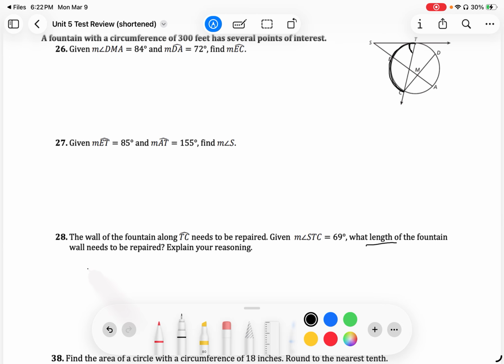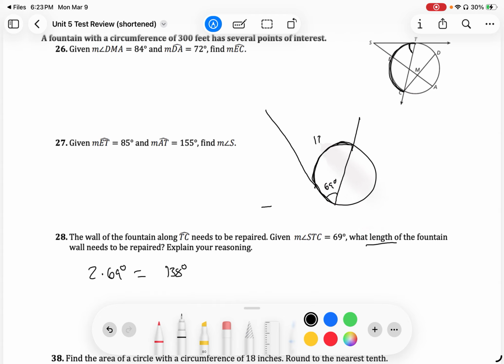The measure of that arc is just going to be twice 69 degrees, which is 138 degrees. That's because if you have a circle with a tangent going off and something cutting through, and this angle is 69 degrees, the arc is going to be twice that, which is 138 degrees.